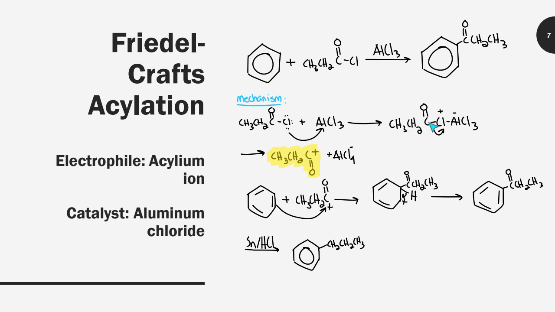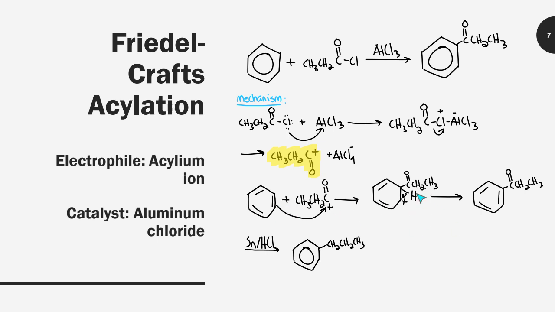Okay? So this can always be formed, and this will never rearrange. So I break this bond, and I end up with a positive charge on this carbon. This is our acylium ion, and then the counter ion from the catalyst. So this is my electrophile. Now I can add it to the ring. The electrons will come from the double bond on the ring to the carbon with positive charge. This group will add to one of the double bonded carbons, and a positive charge will form on the other one.